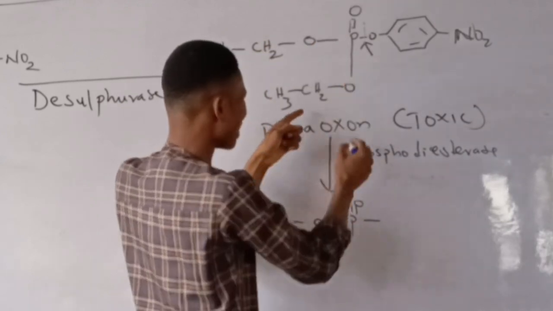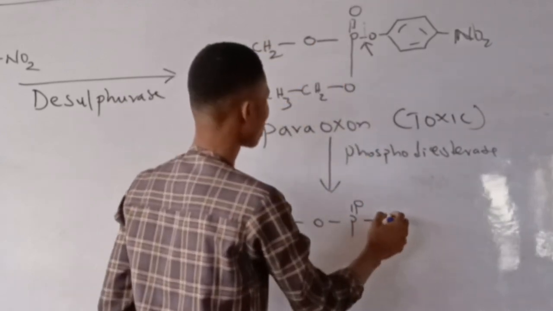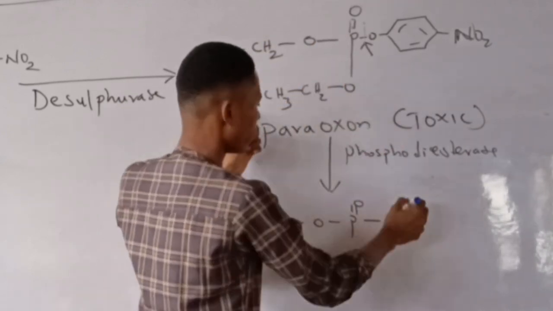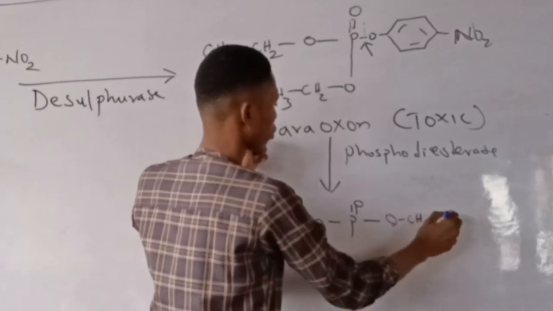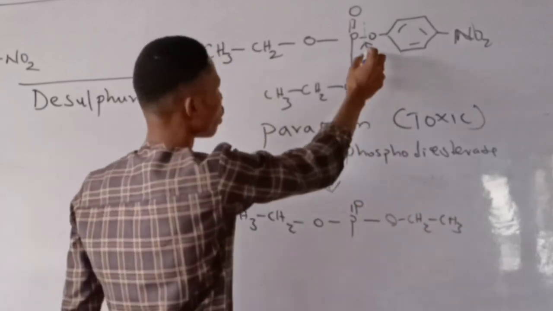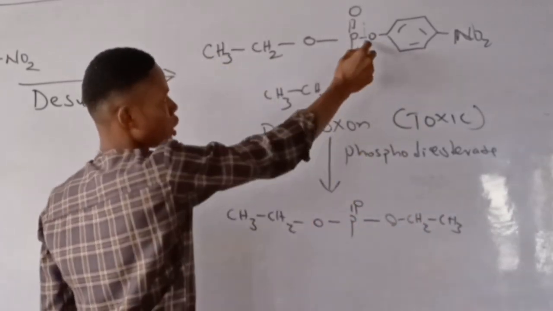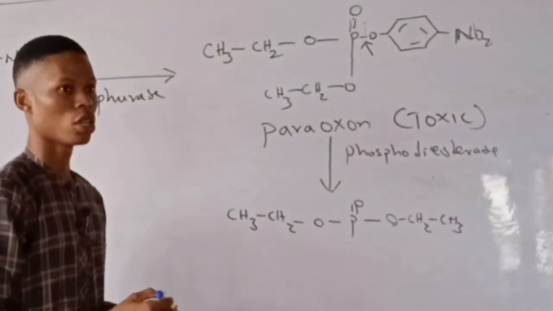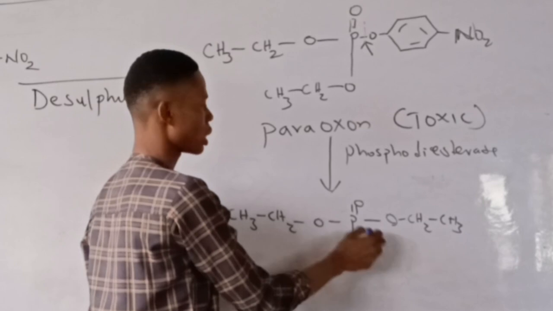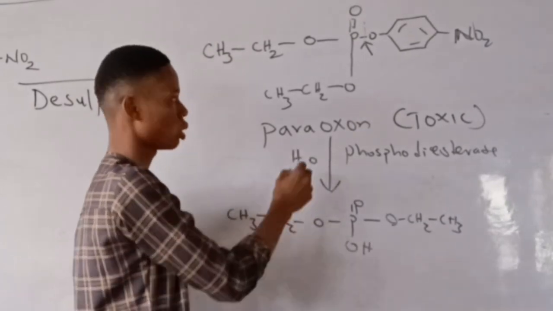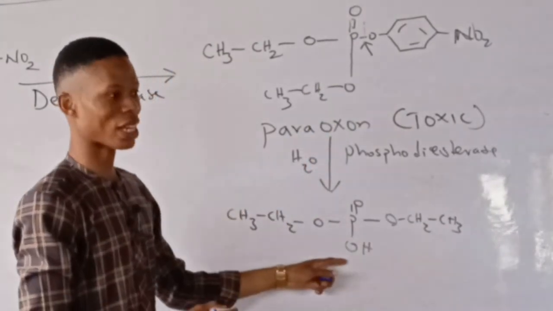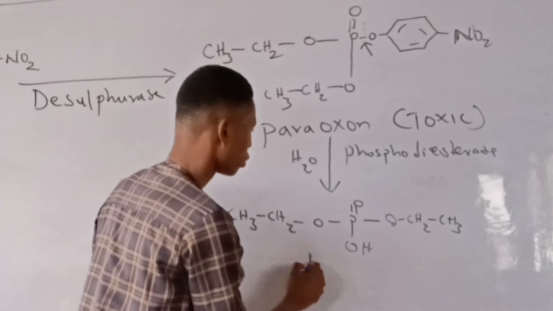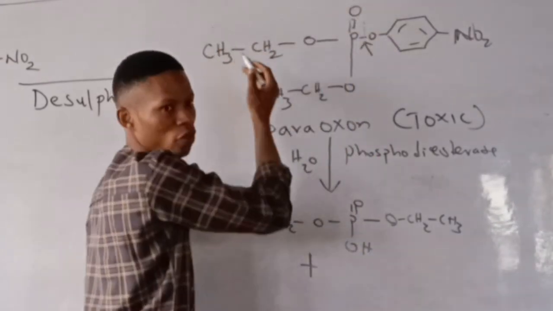So what are we going to have here? But remember, this is still attached to this, right? Okay, let me take this away first. So what will happen at this point? What is happening here? OH, right? If water is used to split this bond, OH will be attached here. Plus, now if this side is going up, what is remaining?